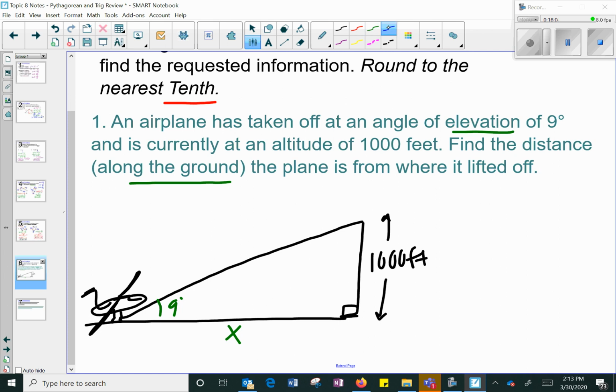So, procedurally, we know that in our triangle, this is our hypotenuse. We know that if this is our angle of reference, that across from it, this is the opposite, and right next to it is our adjacent. We're going to worry about the opposite and the adjacent for this case, so that is our tangent function.